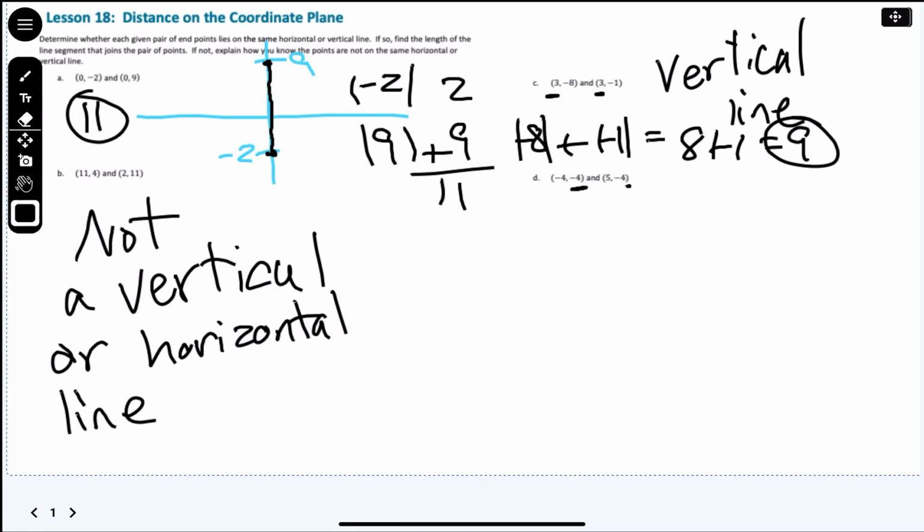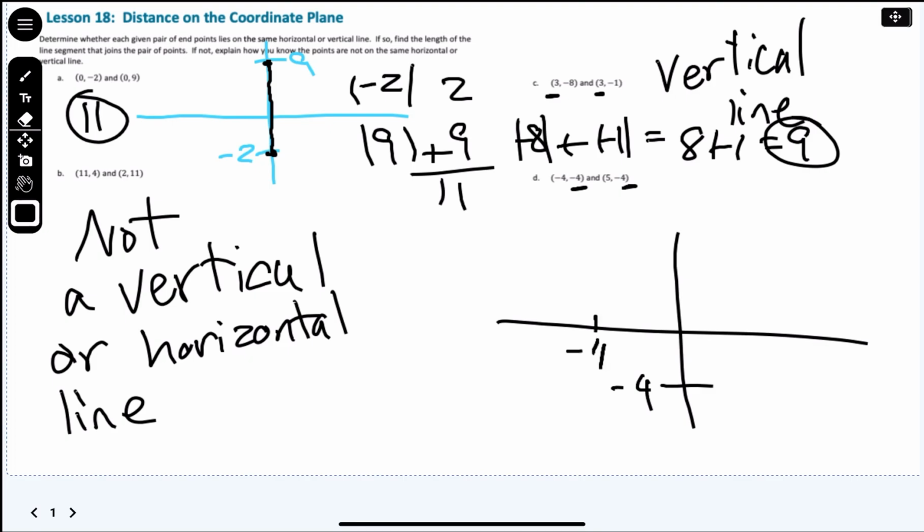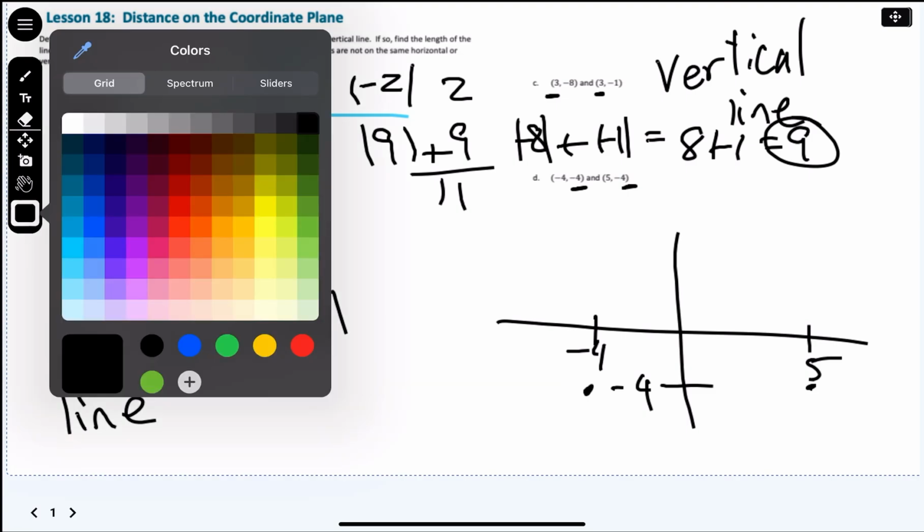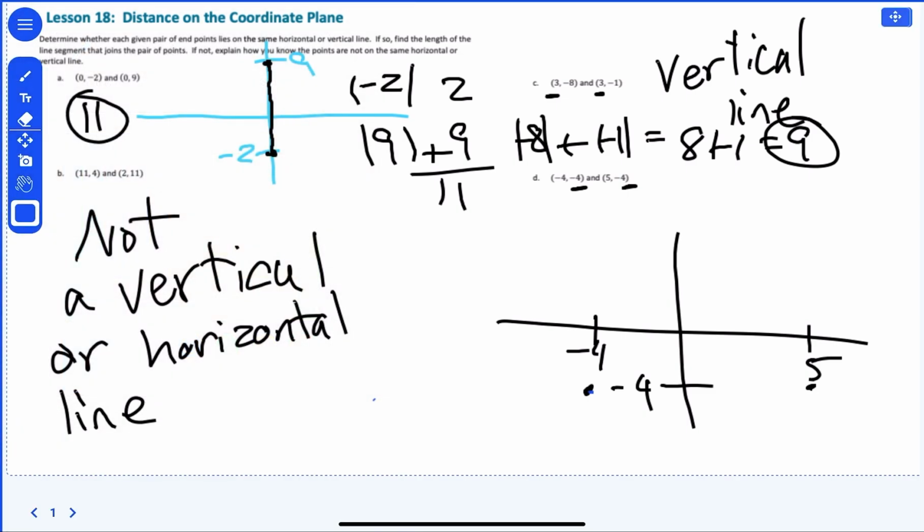Look, we have the same y's, so that's going to be a horizontal line because we're both down here at negative 4, and we have a negative 4 here and a 5 over here. So that's going to be a horizontal line.